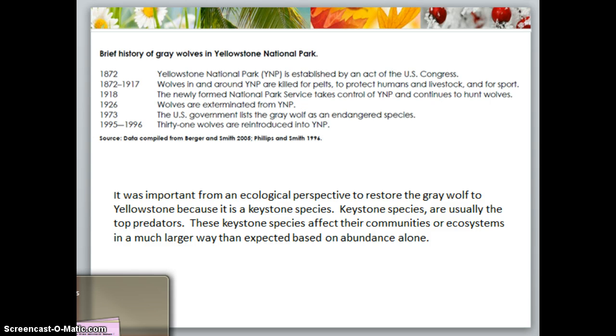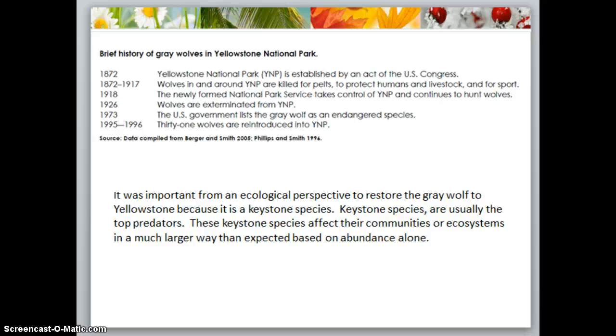If you look at this very brief history of gray wolves in Yellowstone National Park, it was in 1872 that Yellowstone was established as a national park. From 1872 to 1917, wolves in and around Yellowstone were killed for their pelts and to protect livestock and also just for sport.